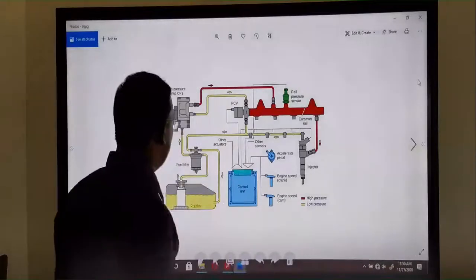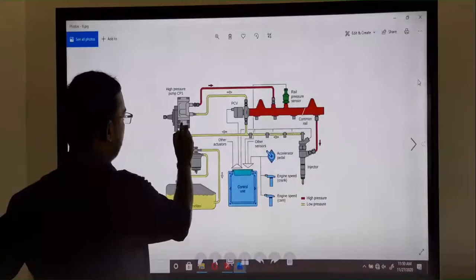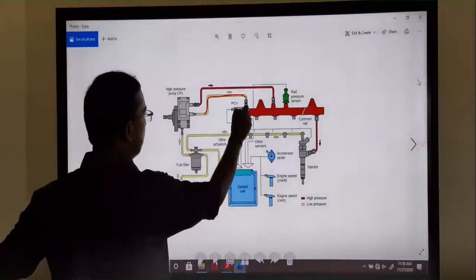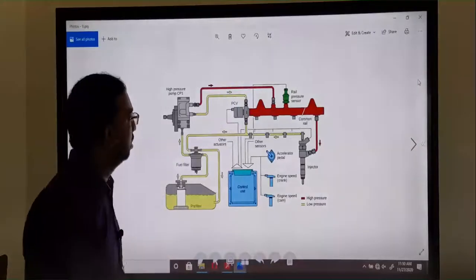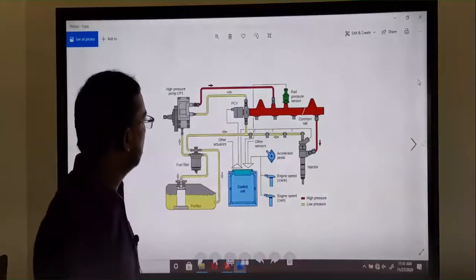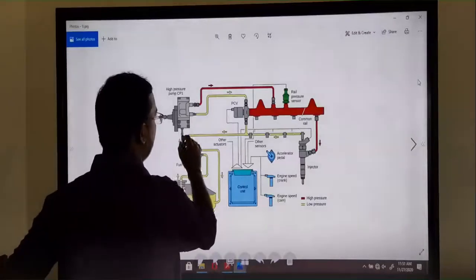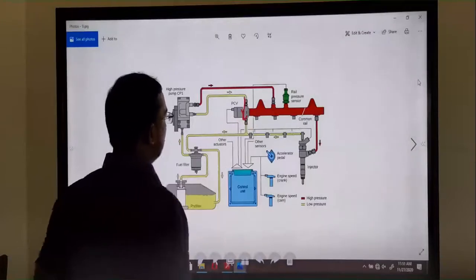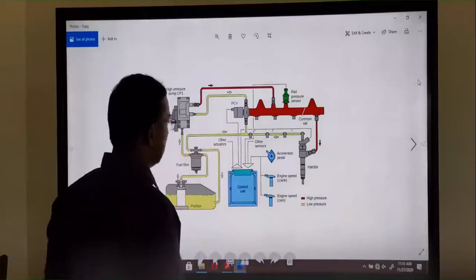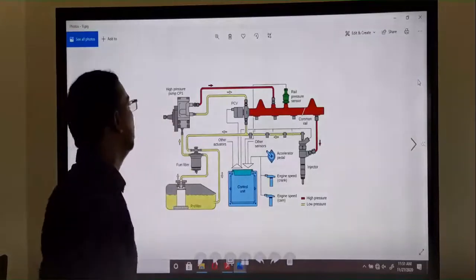So you can see here, the supply comes to this pump and this fuel goes to this common rail. This is a return line, sorry for that.